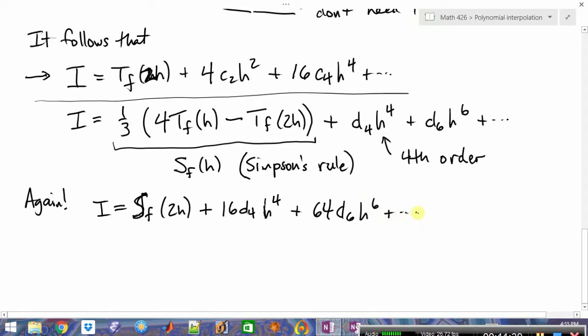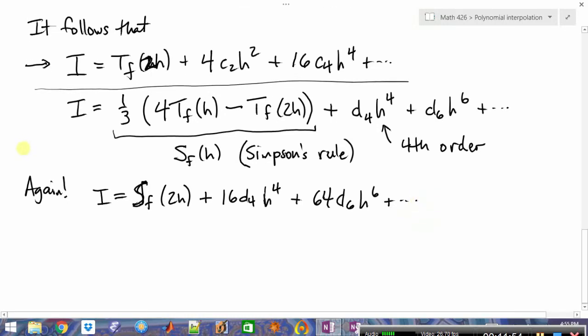And now I look at the first line and the second line. If I take 16 times the first line and subtract off the second line, I get rid of the D4s and the h to the 4ths.